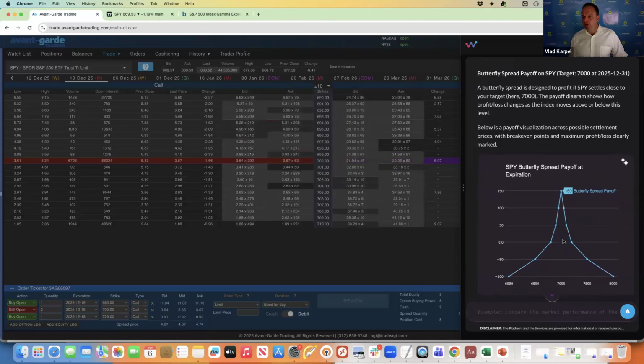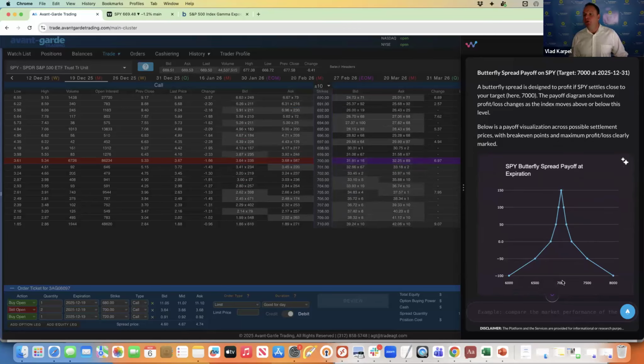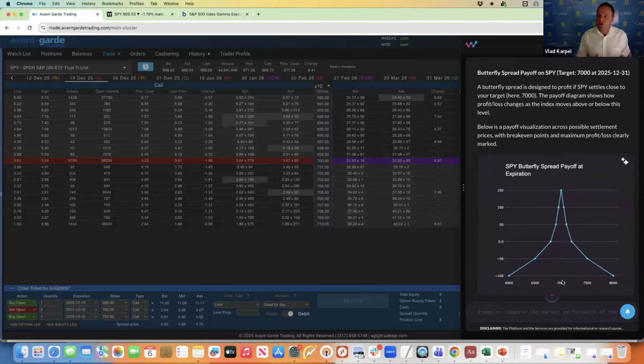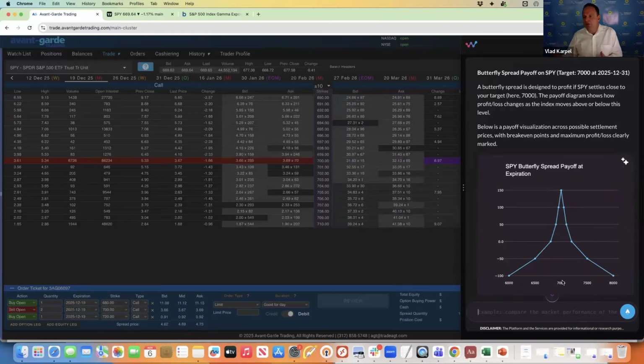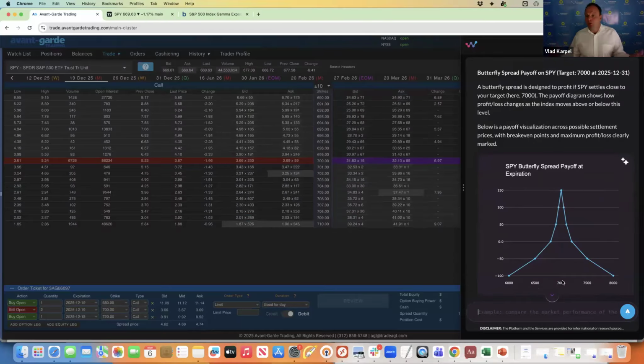If you look at the profit and loss, for the maximum profit, you don't have to be exact on the strike, right? You don't have to wait till December 31st or the third Friday monthly expiration. As long as we reach the bottom now and slowly start gravitating towards 7,000, as time decay occurs, your butterfly will start increasing in price as long as we are approaching 7,000.